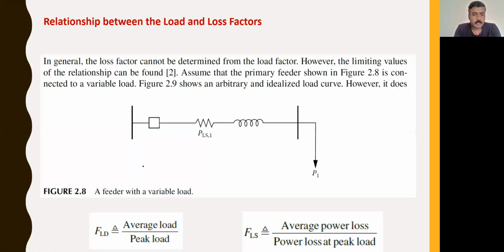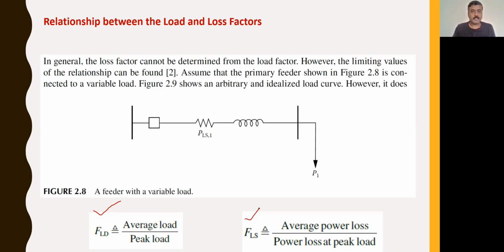We have seen the definition of the load factor as the ratio of average load to the peak load, whereas loss factor is the ratio between average power loss to the power loss at peak load. So these two factors we need to observe from the load factor only.